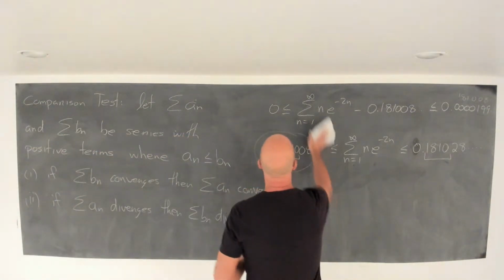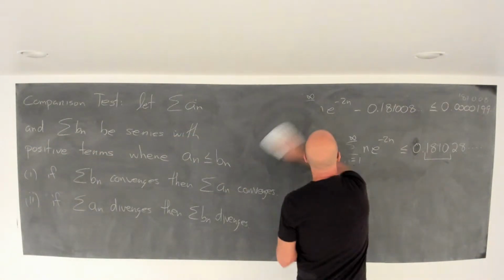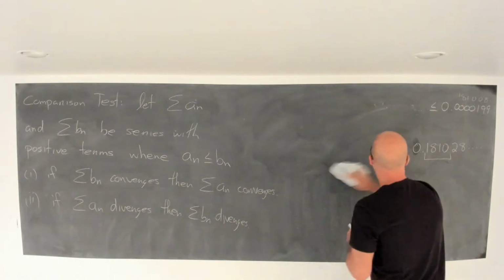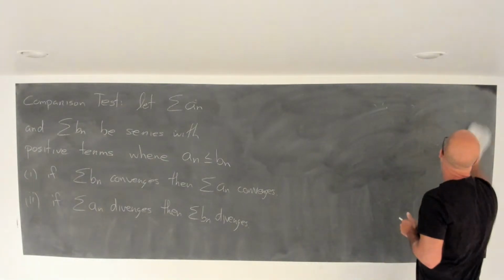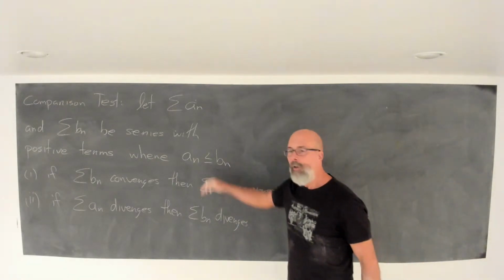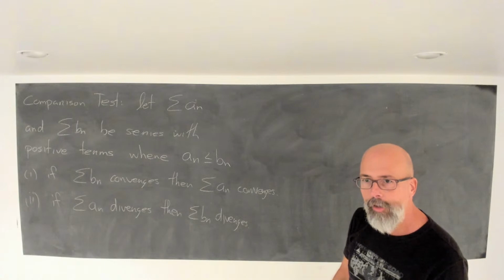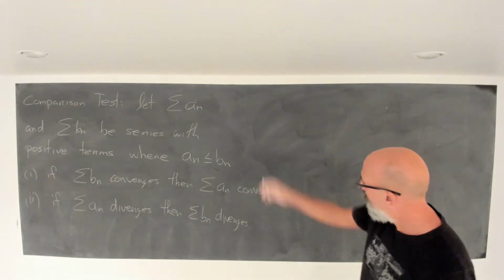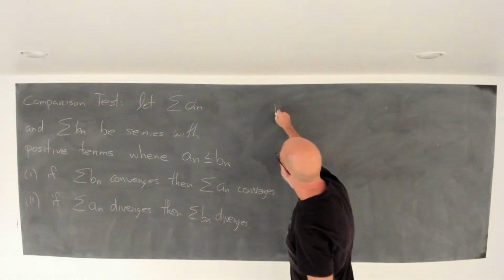Let's look at the proof. The proof is very nice and easy. We have this inequality, a_n is less than or equal to b_n.